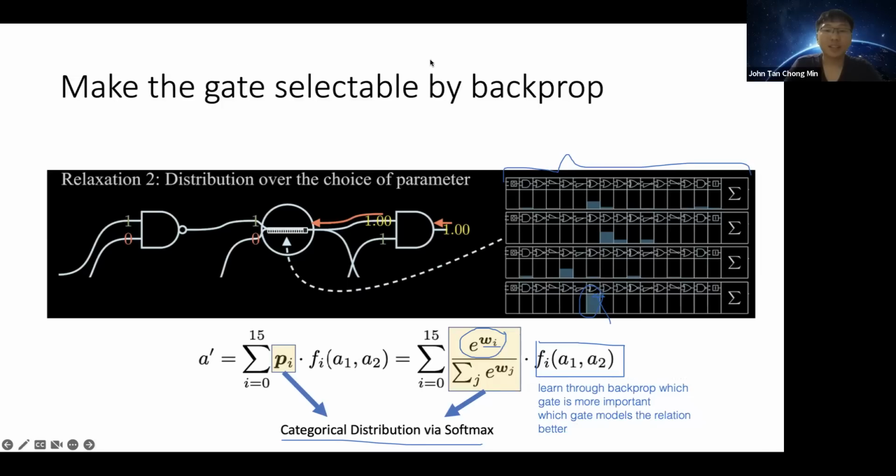And what they actually did is that during inference time, they select the gate with the highest probability. So it's deterministic in that sense. You don't actually have a superposition of gates probabilistically in some weighted sum. You actually just choose the gate that has the highest probability.